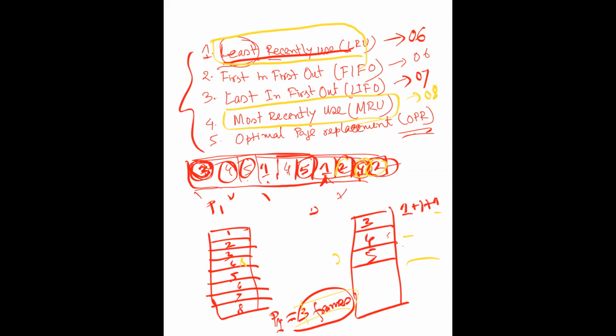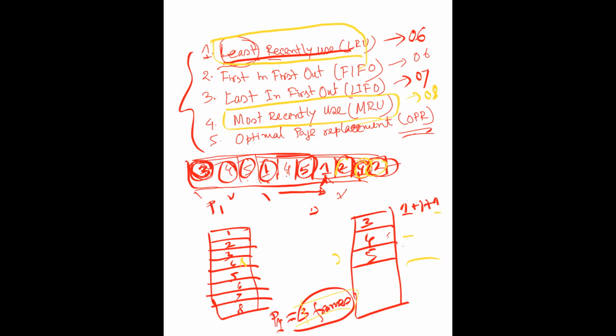Now let's see, the CPU asks for this data, page 1. So which page will be replaced? Your operating system looks at the future to see which pages the CPU is going to access. From here you can see pages 4 and 5 will be accessed by the CPU in the near future.